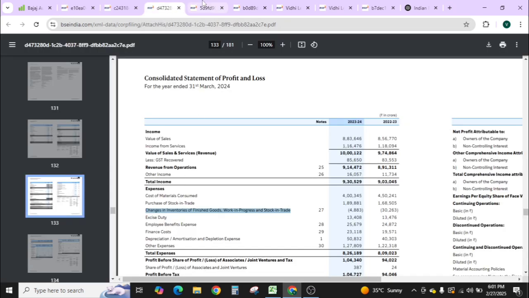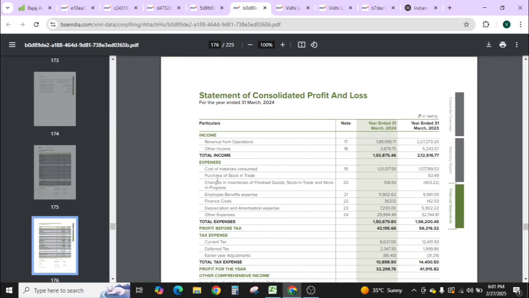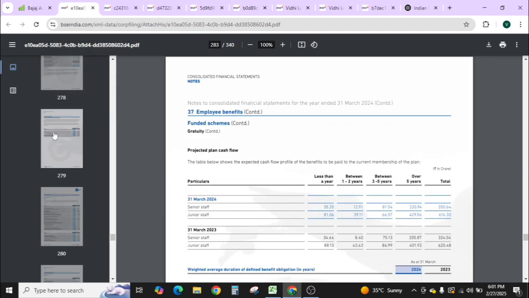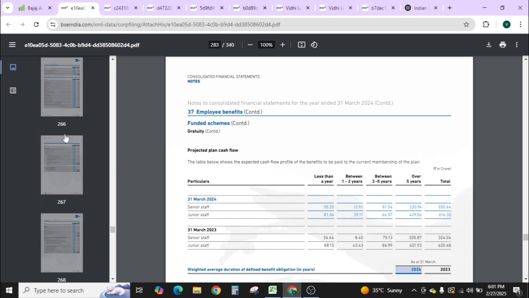What I wanted to show you is that if you are not seeing the line item purchase of stock in trade in the expense footnote, and you are not seeing stock in trade in the third line item, that means the company is not doing any trading revenue, it is generally doing manufacturing revenue. If we see this one, just a minute.